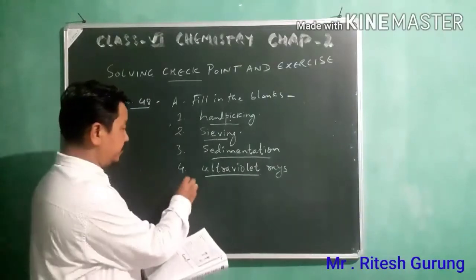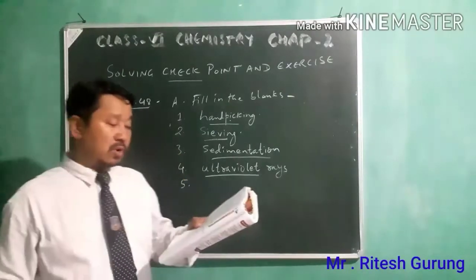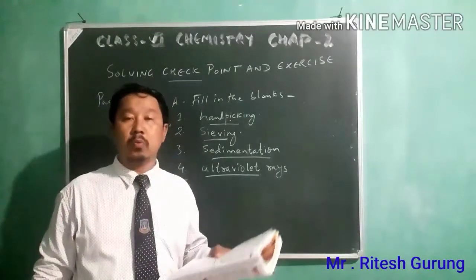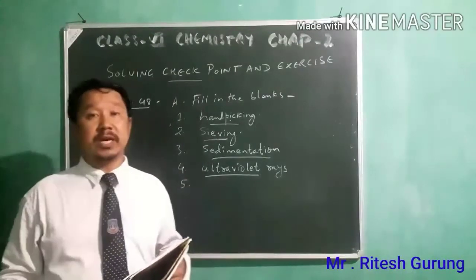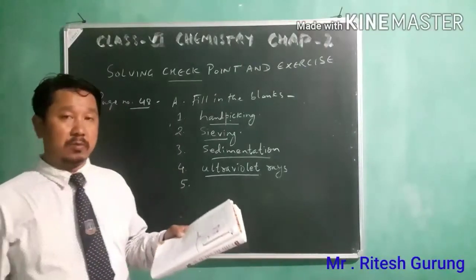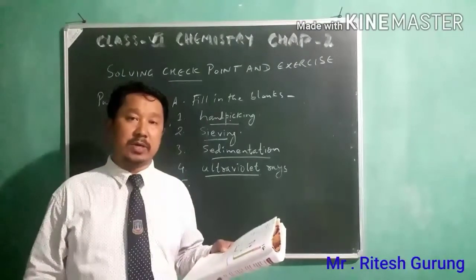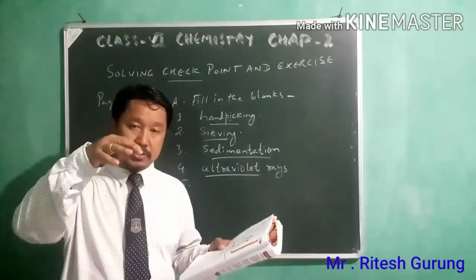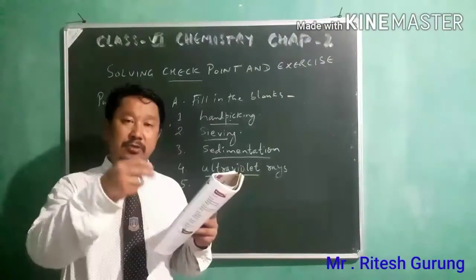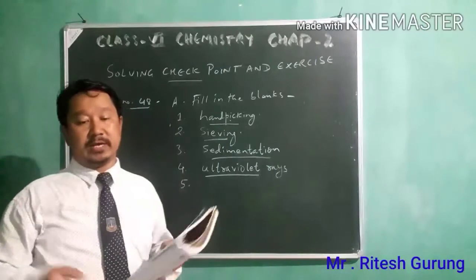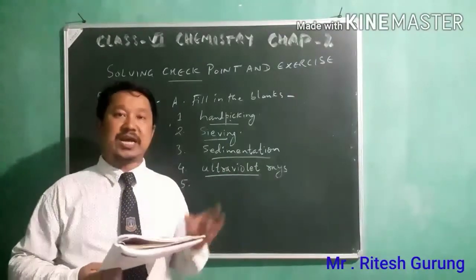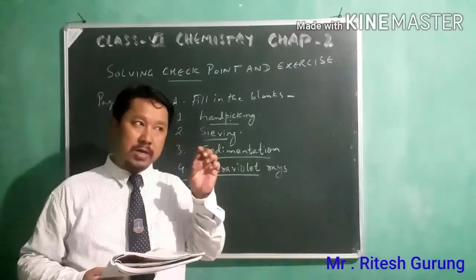Then number 5. In water filters used at home, the filter candle is made from what? Just guess. You have a water filter at home. We pour the water in the top where the filter candle is. The water drops down into the next container, and something actually cleans the water, where you see the suspended particles getting trapped.